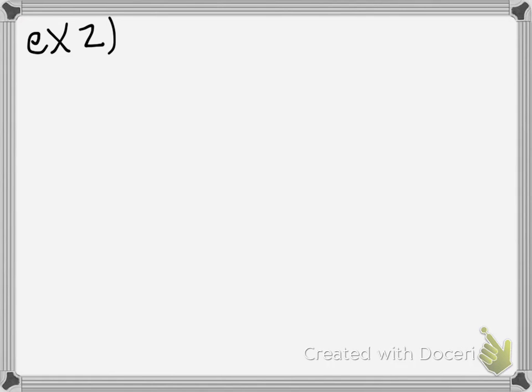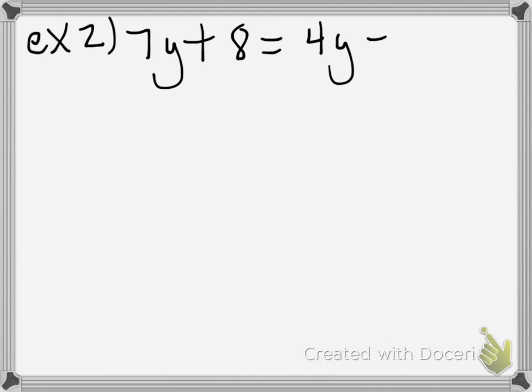On example 2, it's 7y plus 8 equals 4y minus 10. Now these are equations with variables on each side, and here again it's the same thing. They just look a little bigger and longer, but there's nothing that you can do any differently. You're still going to isolate the variable on one side in order to find the answer or the solution.